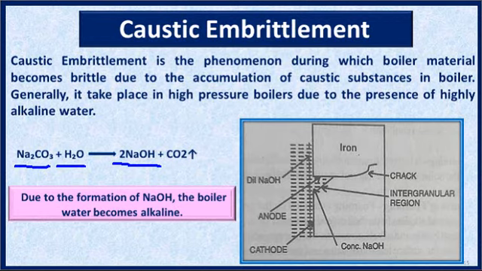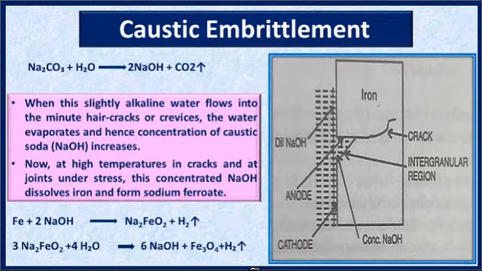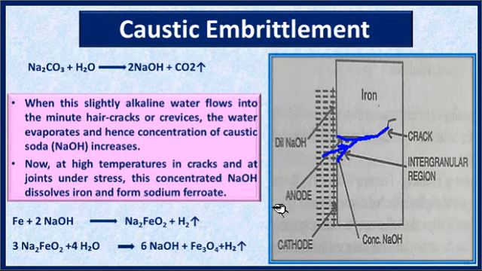So due to the presence of sodium hydroxide, the boiler feed water continuously remains slightly alkaline. When this slightly alkaline water flows into the minor cracks present in the boiler, the NaOH containing water flows into these minor cracks.